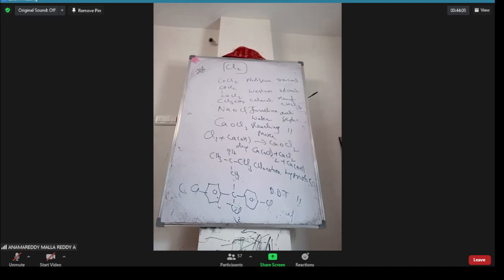So, these chlorinated compounds have many applications. Industrially and in the agriculture field, medical, different fields, solvents, they have different uses. Okay?